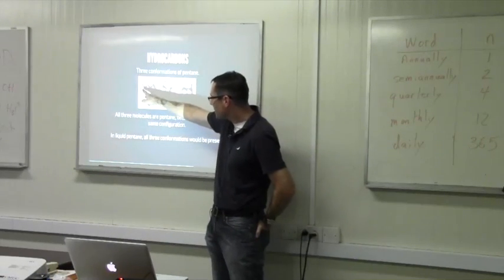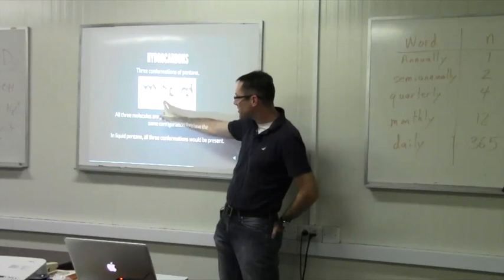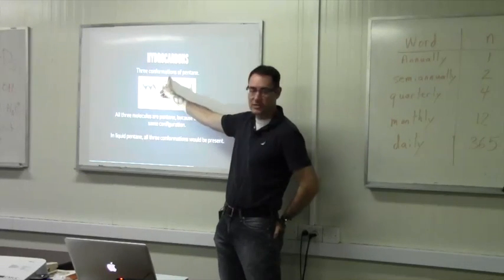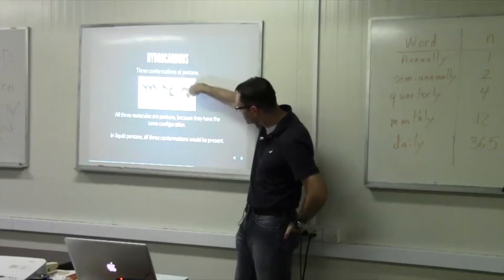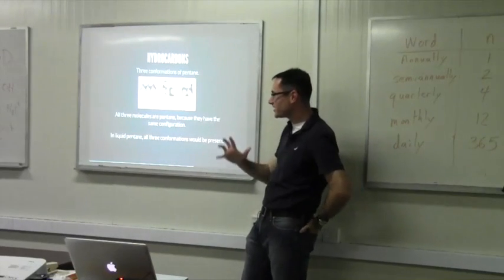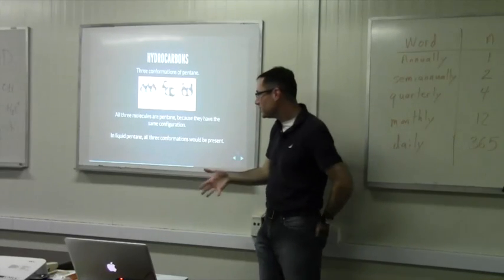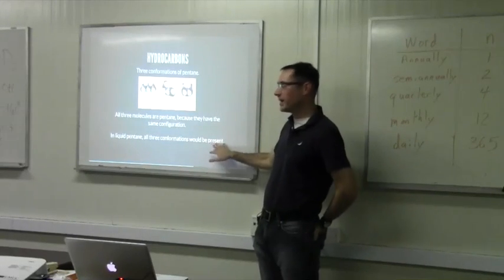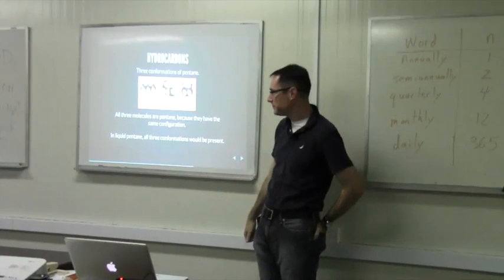You've got the one that looks like this, where it goes straight along. Or if you twist like the one I just twisted, now it goes off on the side like that. And then you've also got one that looks like this, 3-dimensionally. It's a little bit odd. They're all pentane because they're the same configuration. In liquid pentane, you're going to get all these different conformations.